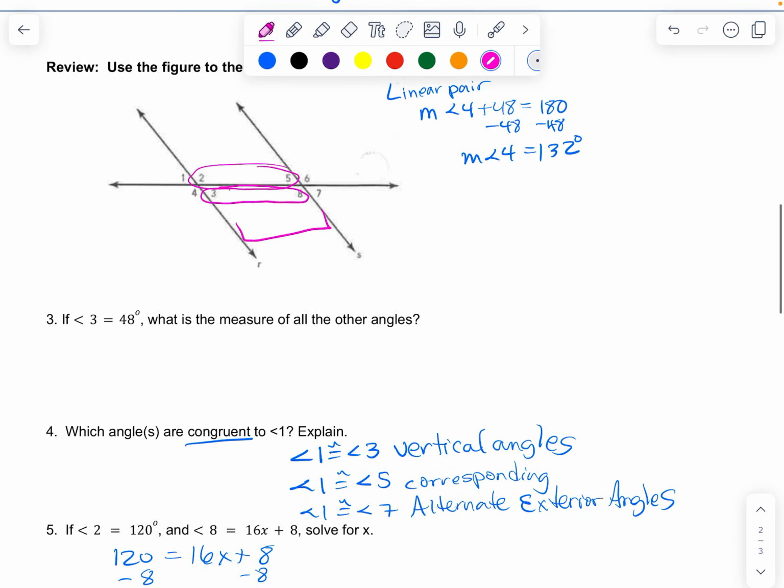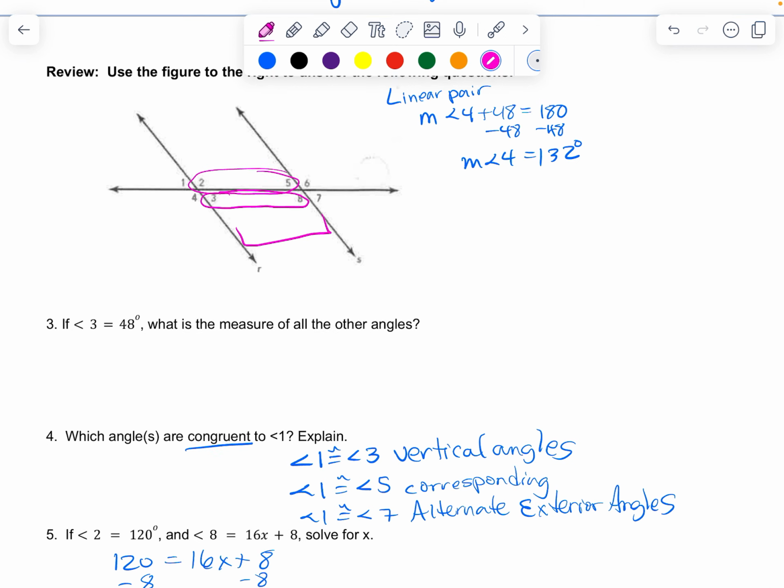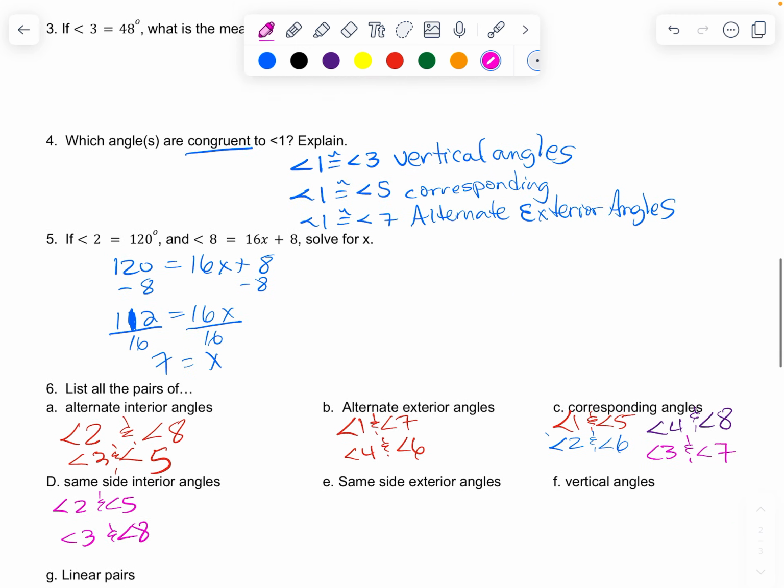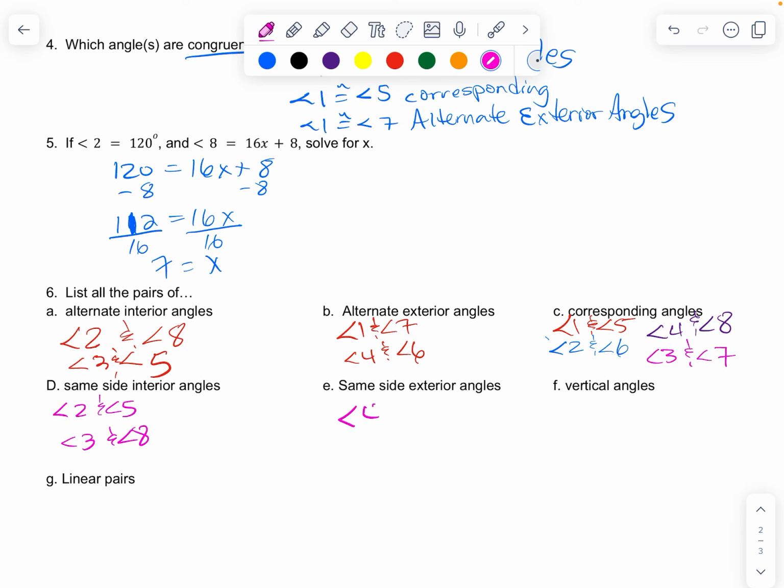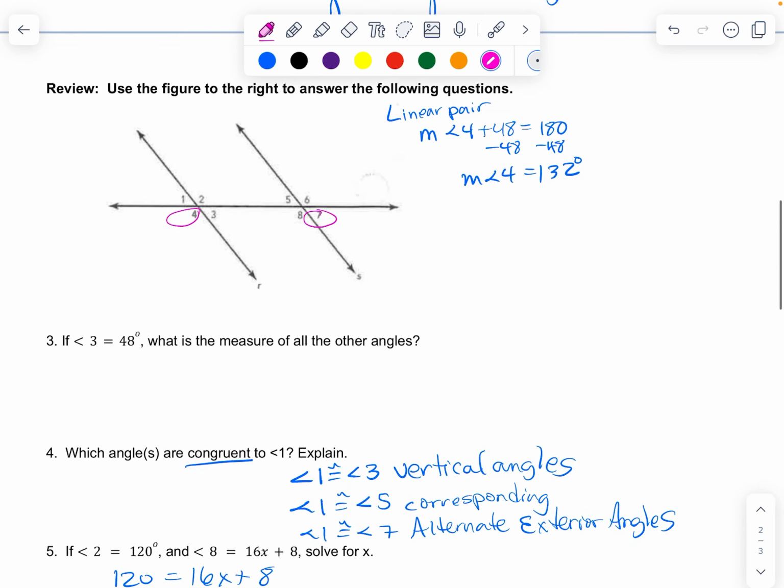Then it's same side exterior angles. So on the outside, those two go together, 4 and 7, and then 1 and 6 go together.